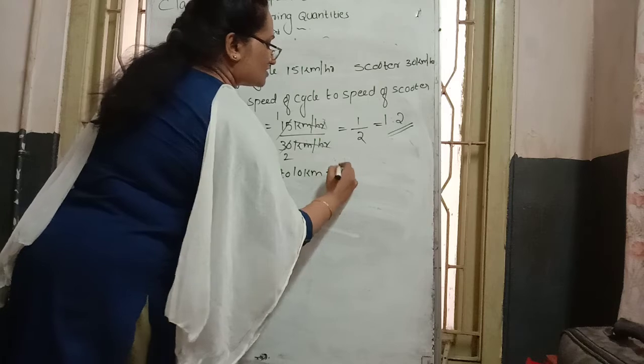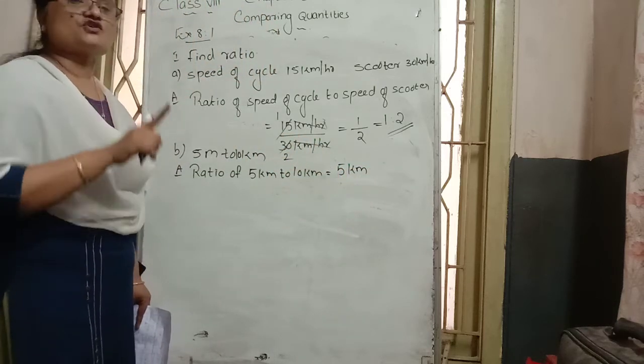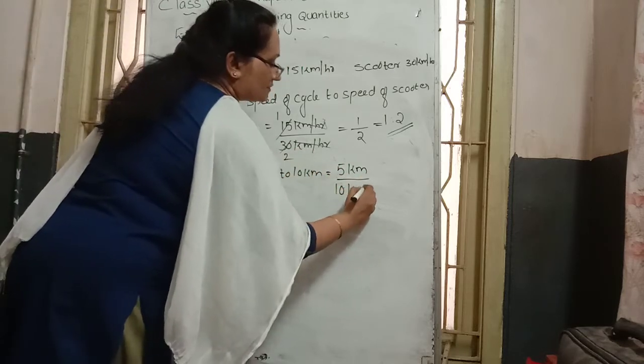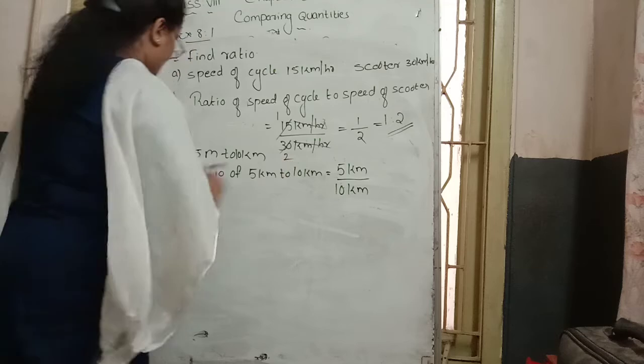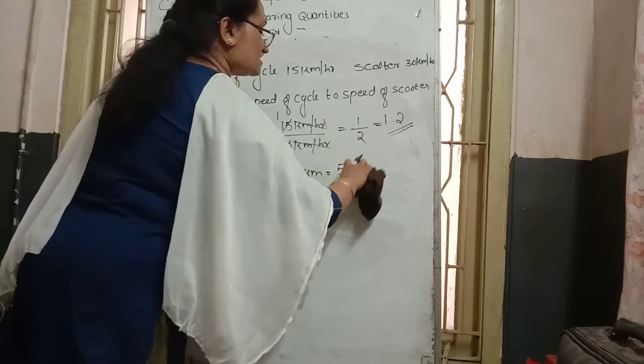The first part mentioned, 5 meter, goes on the numerator and the second part goes on the denominator. Remember that. Here 5 is in meter and 10 is in kilometer.